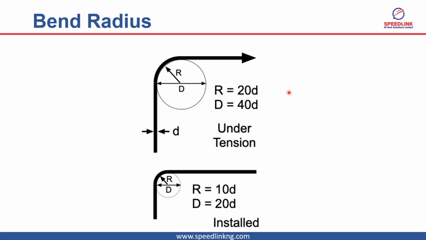But let's assume the cable is 5 cm, right? 5 centimeters. Now, if it's a cable that we are running on the pole, that means the bend radius is going to be 5 times how many? 5 times 20 now, which will give us how many? 100 cm.